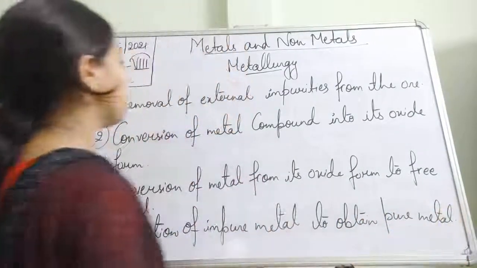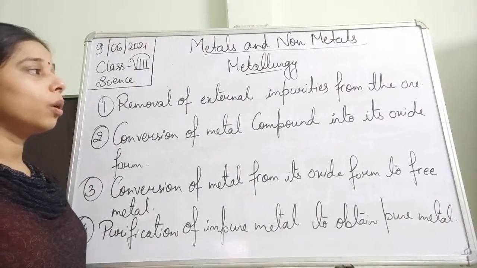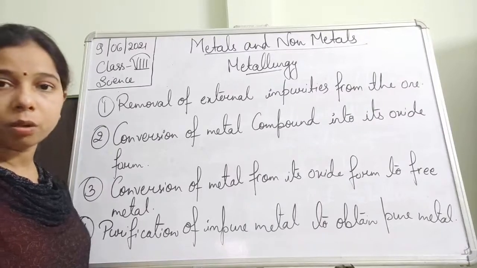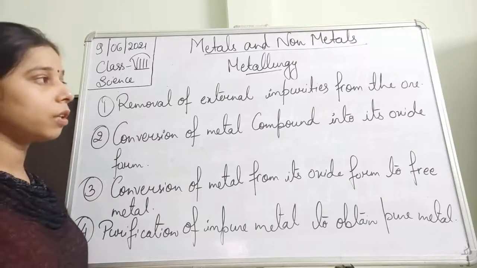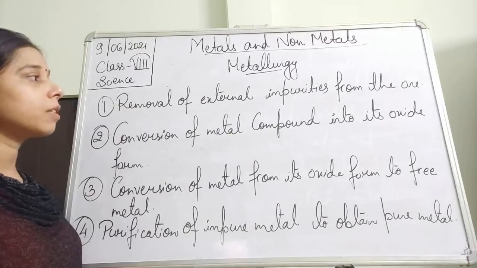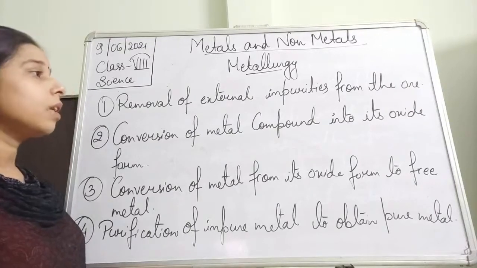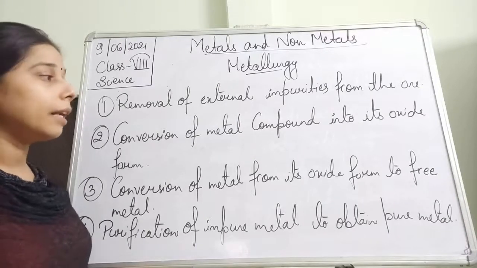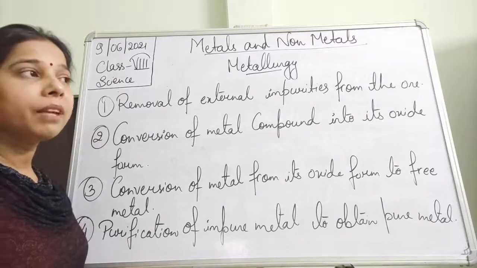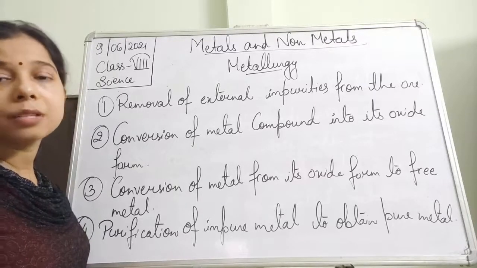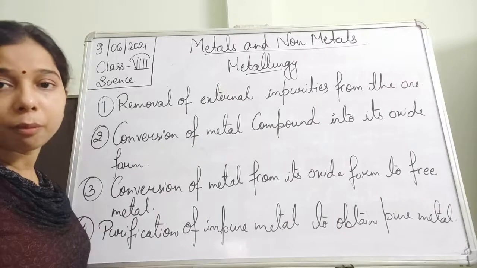Basically, in the first step of metallurgy, the ore consists of a lot of external impurities, and it is important to remove them. So the first step involves the removal of external impurities from the ore. In the second step, now that the impurities are removed, it is important to convert the metal compound into its oxide, because when we convert the metal compound into oxide, it is quite easy for us to get the metal from the oxide.